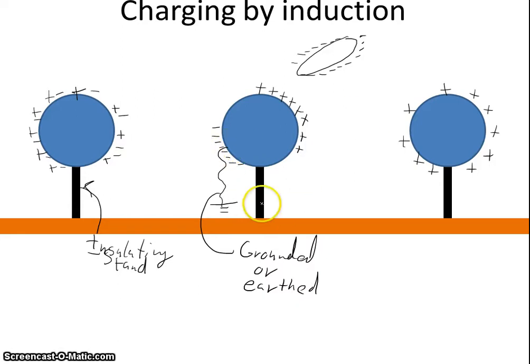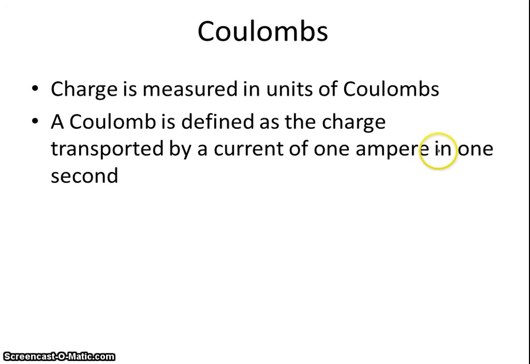However, the Earth would have gained the charge from the electrons that escaped. So now the sphere is positive, the Earth is more negative, and because this is an insulating stand, electrons can't flow back into the sphere to return it to its normal charge. And that's charging by induction.